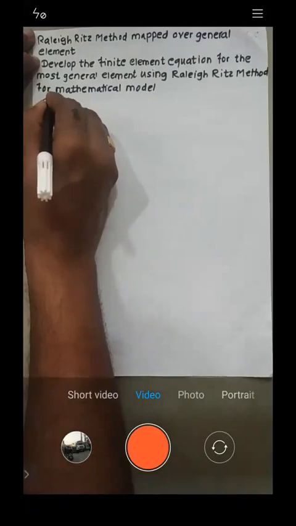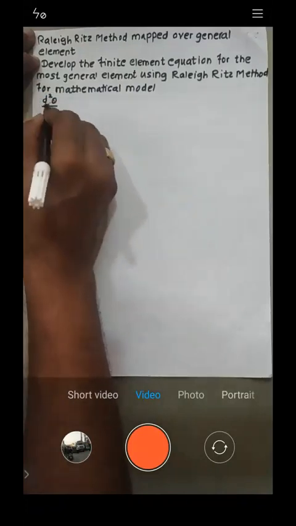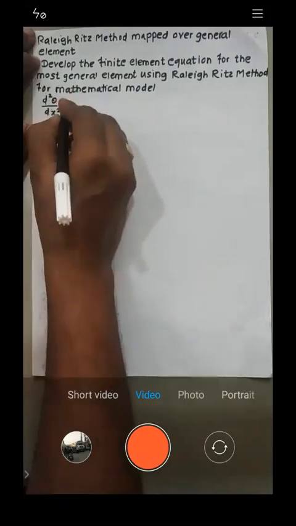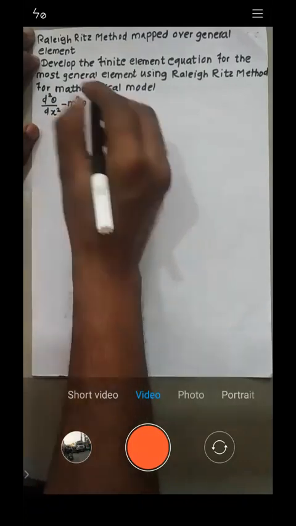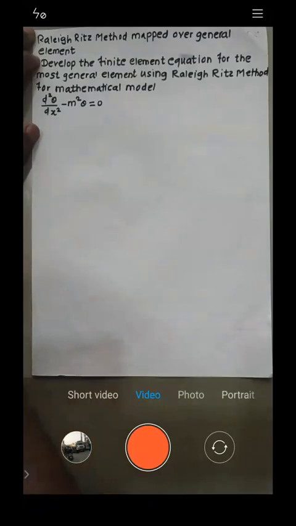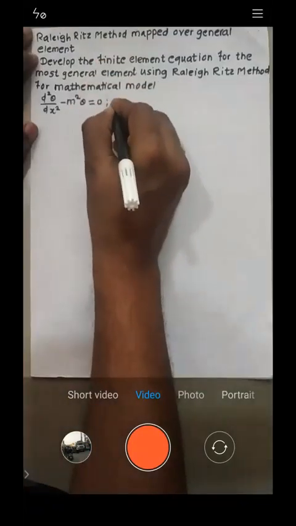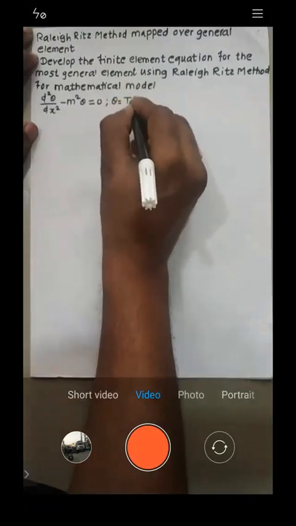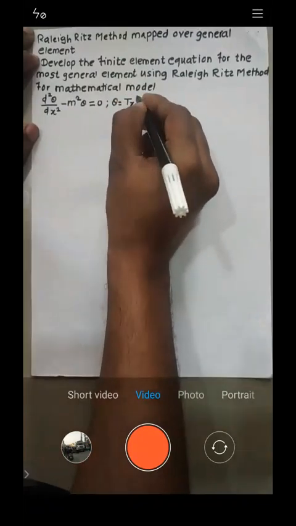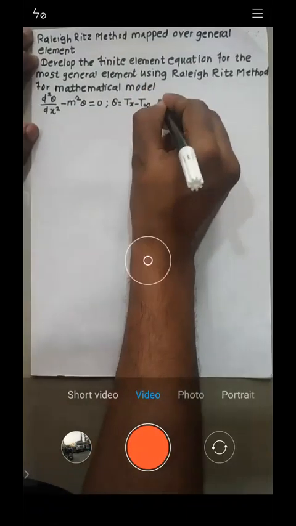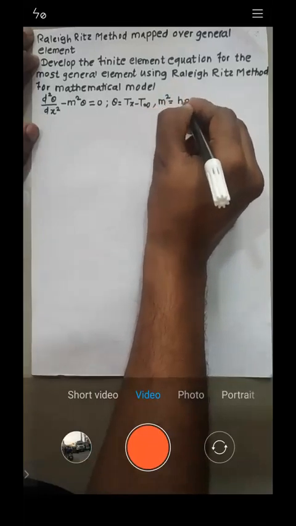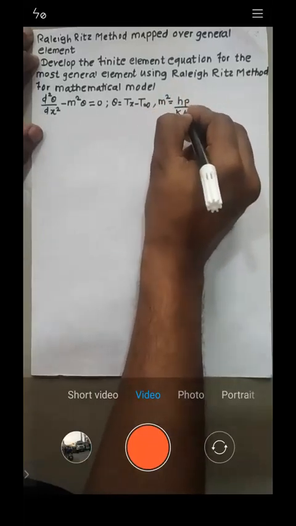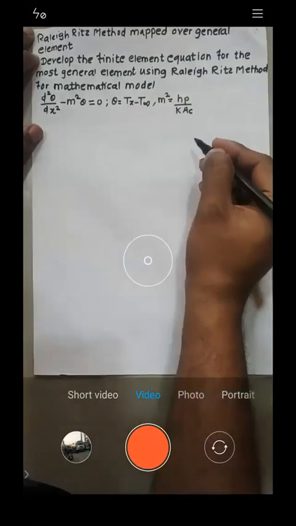d square theta by dx square minus m square theta is equal to 0, okay, where theta is given by T(x) minus T infinity, m square is given by hP divided by kAc, right?